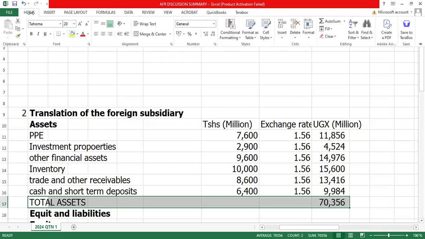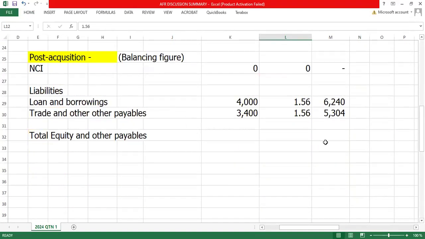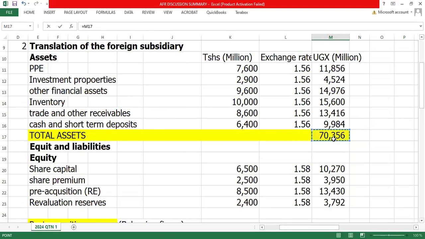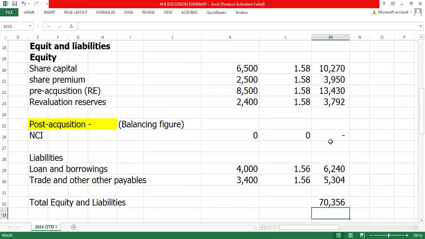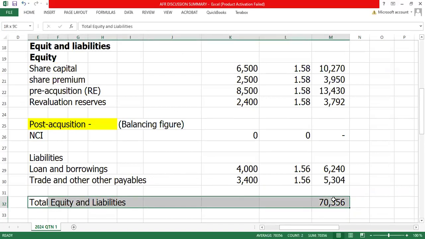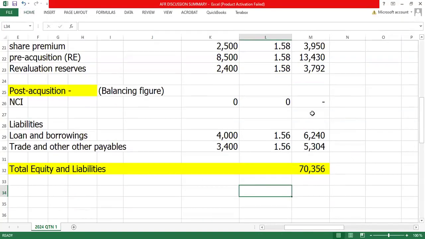Total equity and liabilities. So when you come here, where you have total equity and liabilities, the total should be equal. Now, what does that one mean? I need to get the balancing figure.